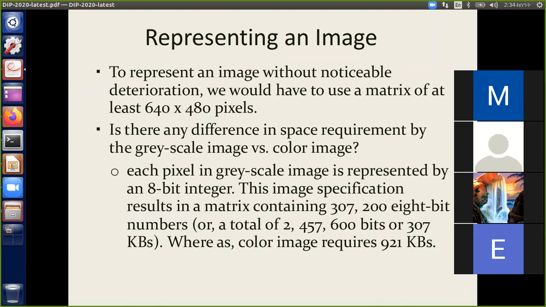So while a grayscale image requires 307 kilobytes, a color image requires 921 kilobytes. So as the number of colors increases, even if we are using the same number of pixels, the memory space requirement increases.